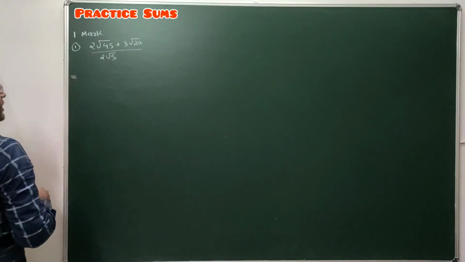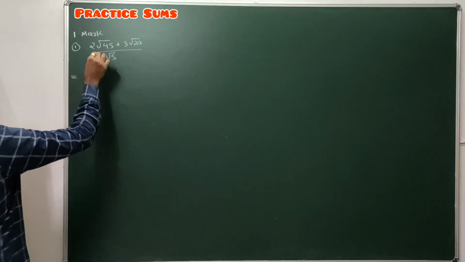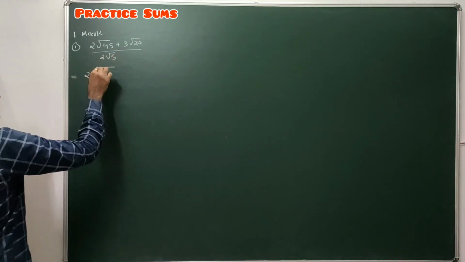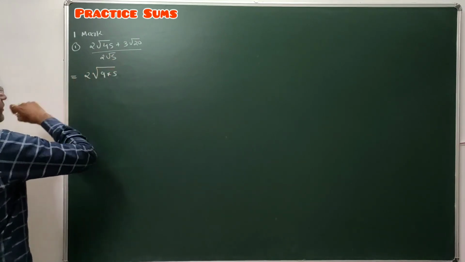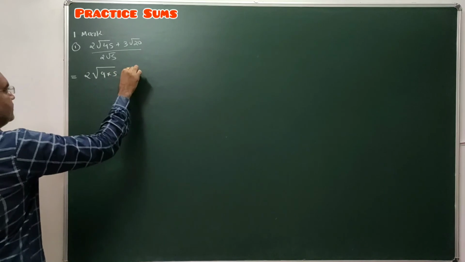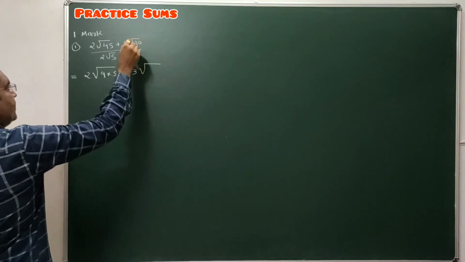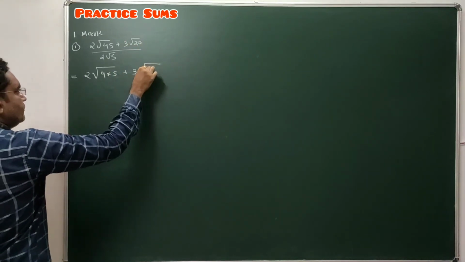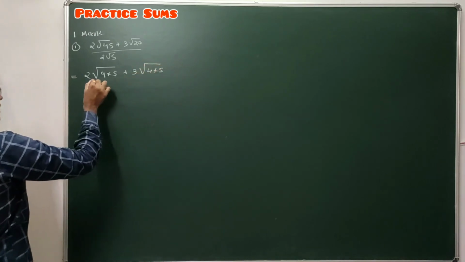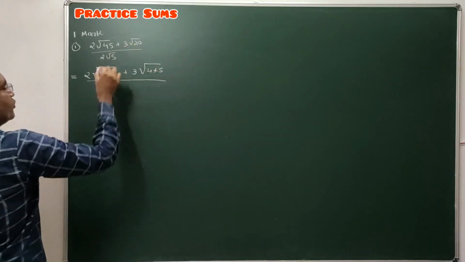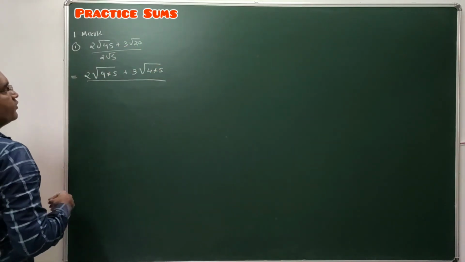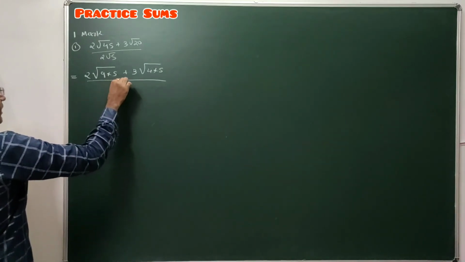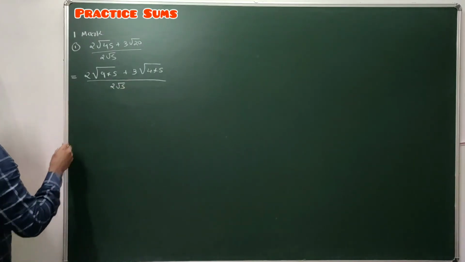So let's simplify it. It's 2 root 45. 45 is nothing but 9 5s are 45, plus 3 root 20. 20 is nothing but 4 5s are 20. We have to write the numbers under the square root in terms of perfect squares, so we can easily find the square root of the given number.